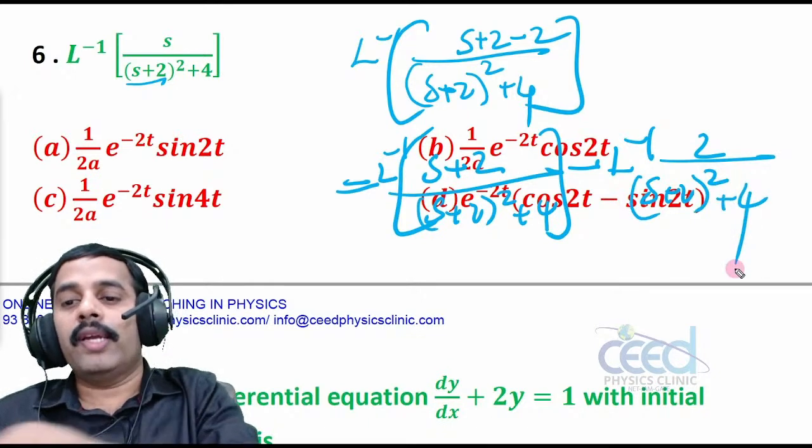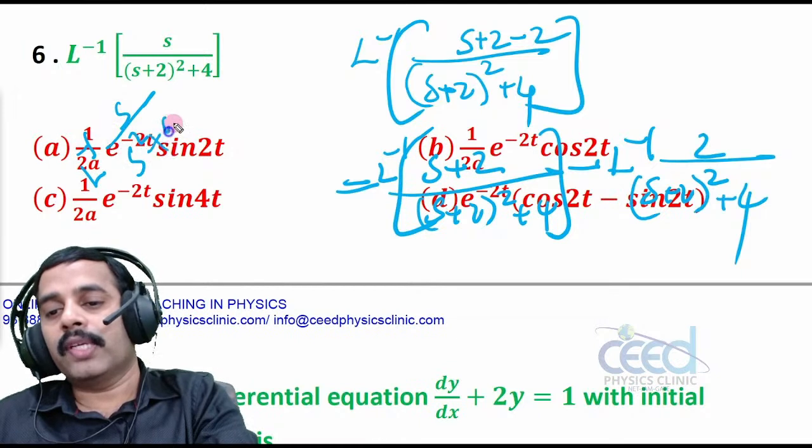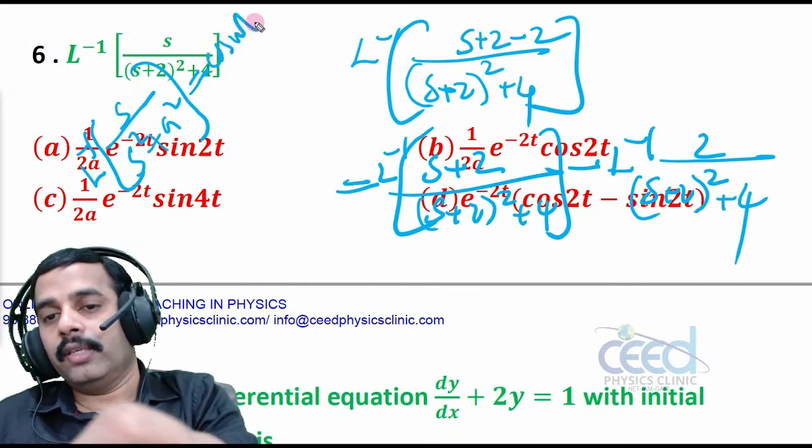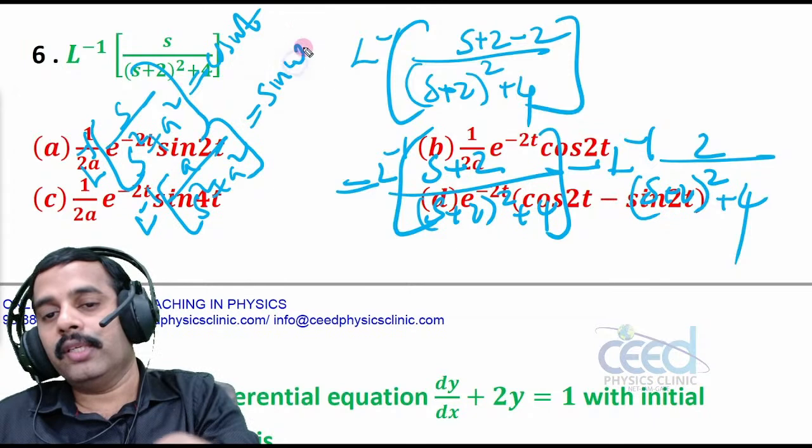Now we have two standard results. We have studied the Laplace inverse of s divided by s square plus a square, which is cos omega t, and the Laplace inverse of a divided by s square plus a square, that is sin omega t, right?